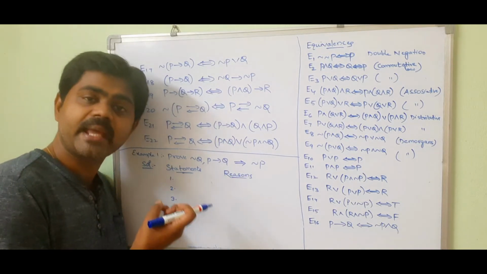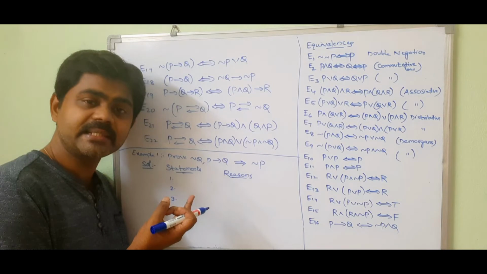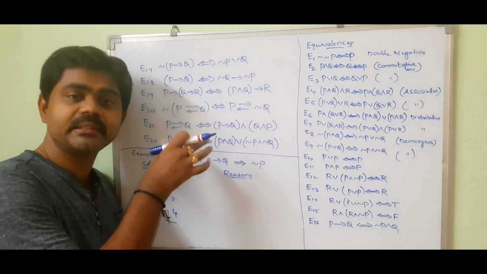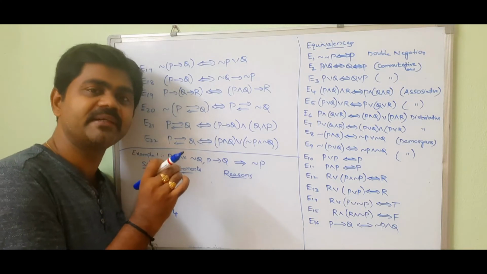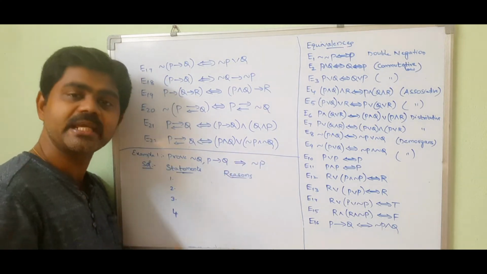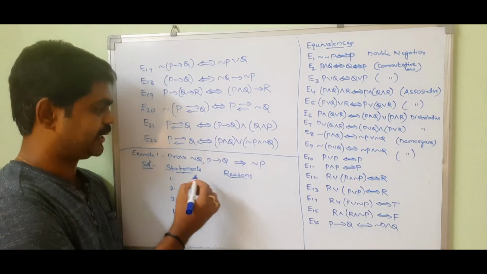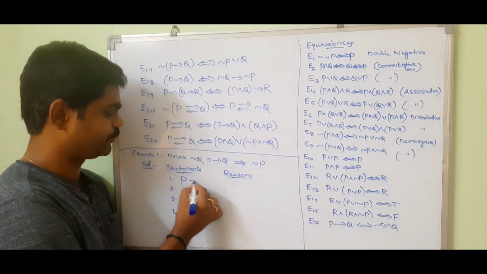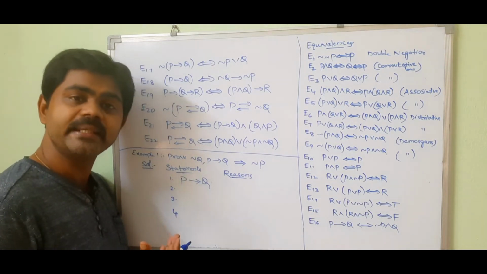Here we have rule P, rule T, the 14 implication rules and 22 equivalence rules. You can use whatever you want, and finally we should show negation P. So the first one, let me take P implies Q. What is rule P here?